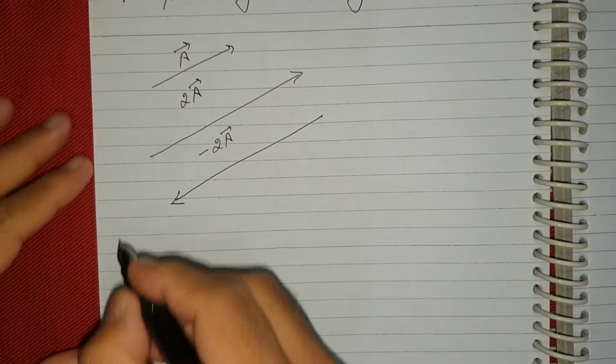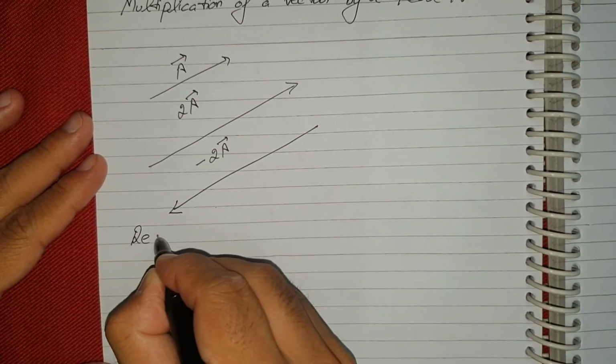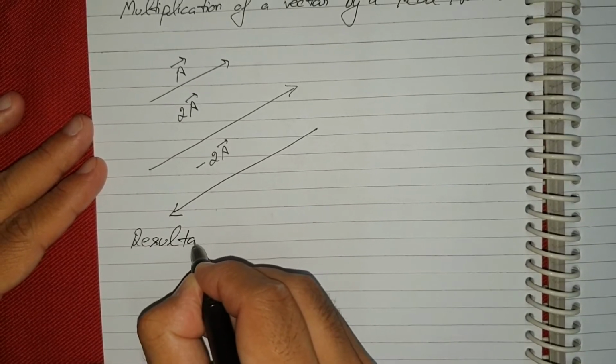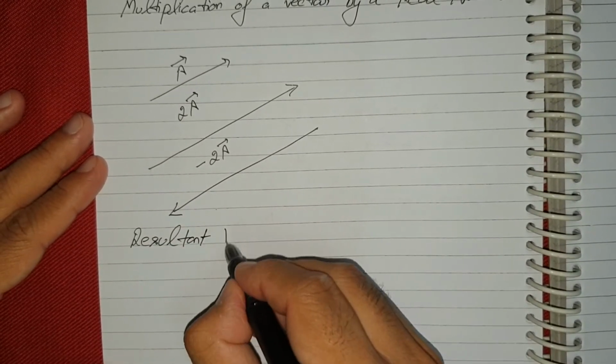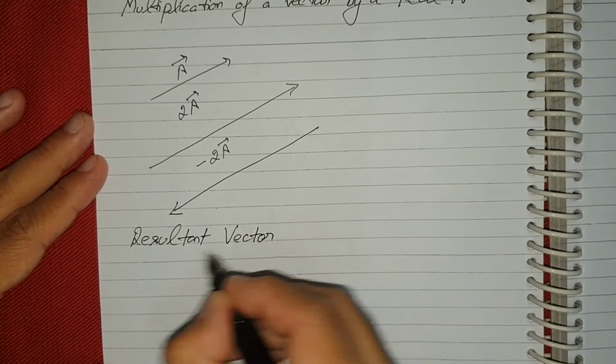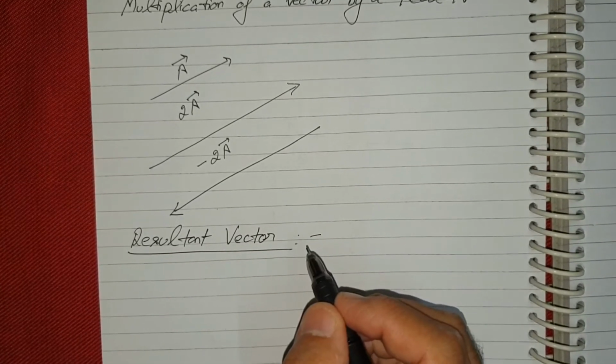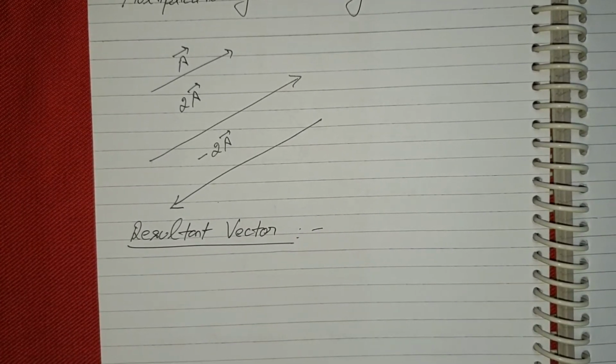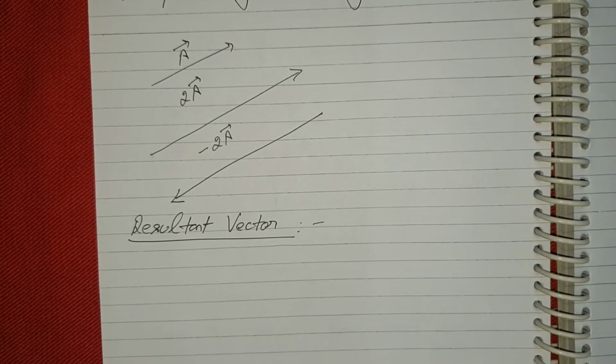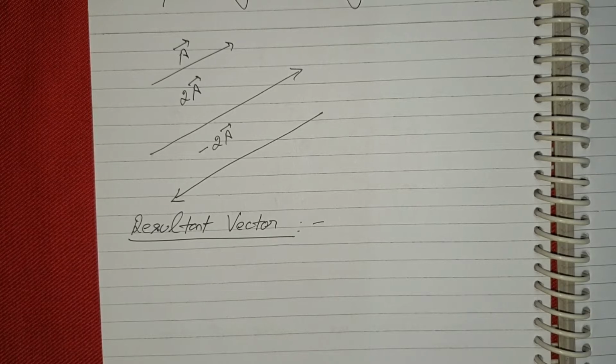Now, what is a resultant vector? We have discussed many vectors. The resultant vector of two or more vectors is defined as the single vector which produces the same effect as produced by the individual vectors put together.